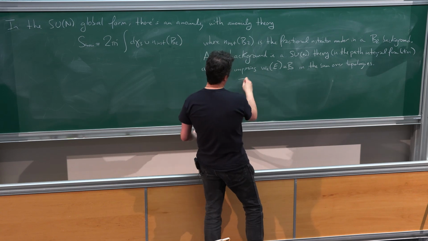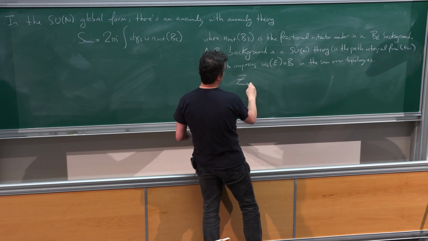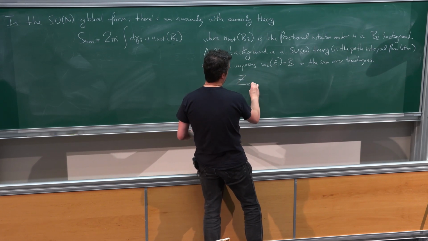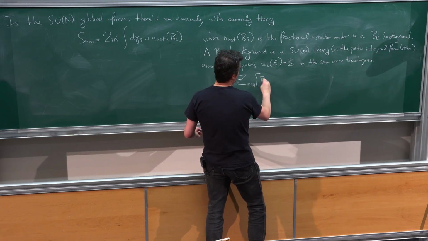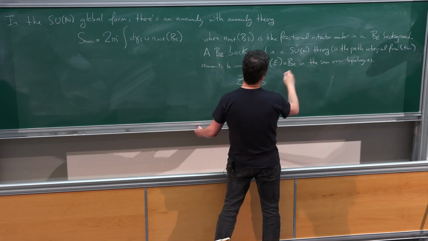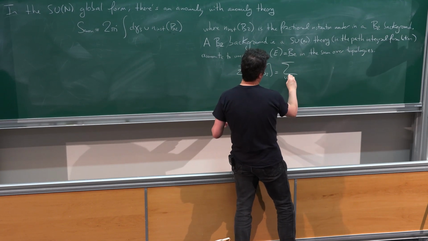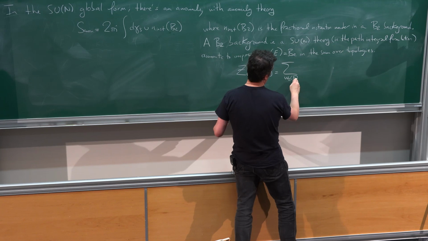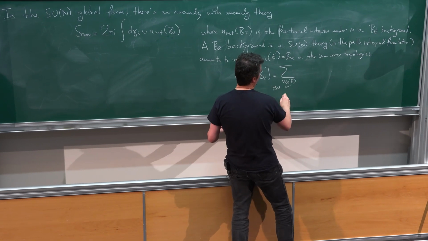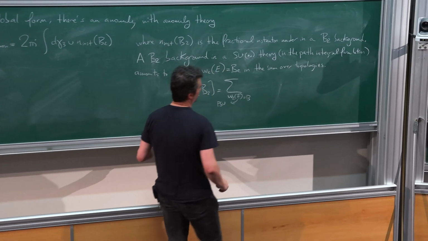That is, the path integral of an SU(N) theory with a B2 background is going to be a sum over those bundles of PSU(N) such that W2 of E is equal to B.